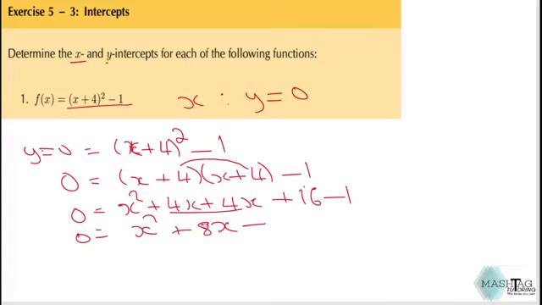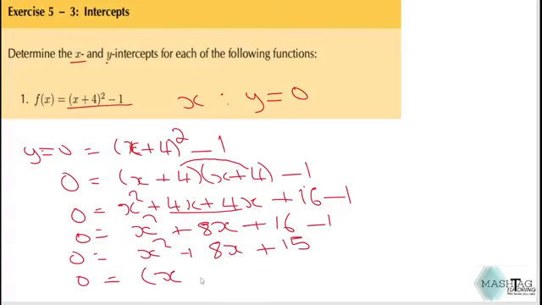Therefore, you can easily write it as x squared plus 8x plus 15, because 16 minus 1 is plus 15. And then you can factorize from there, right? So it will be x.